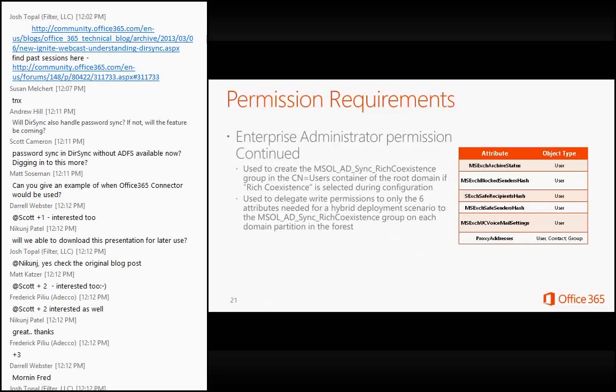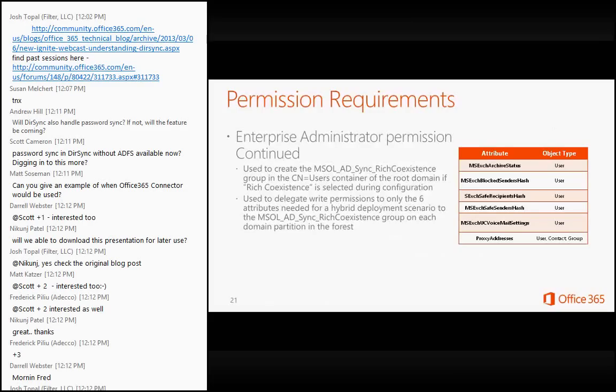So if you have hybrid in place, then we have an option to enable rich coexistence, and rich coexistence essentially means that we can write back specific attributes from Office 365 back into your on-premise environment. And again, it'll create an MSOL_AD_sync rich coexistence group, and that's in the user's container again in the root domain.